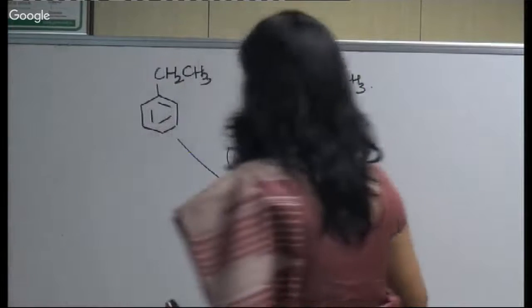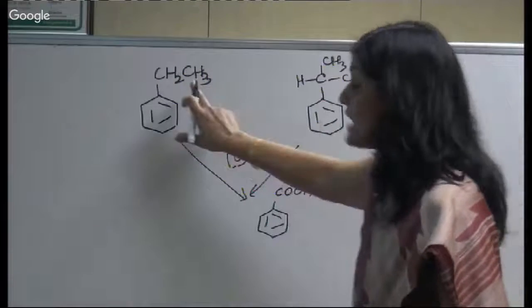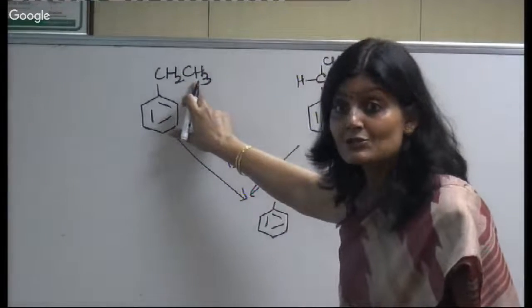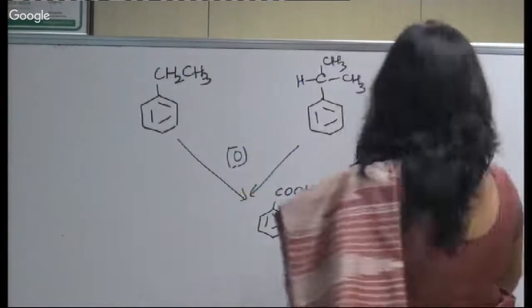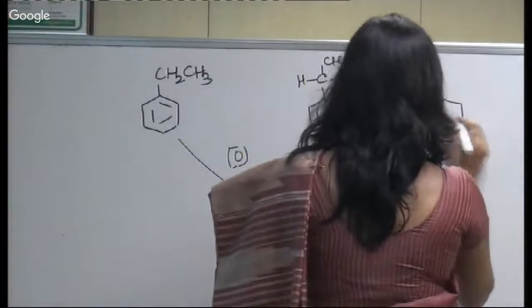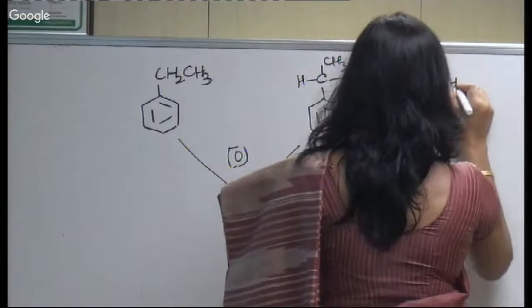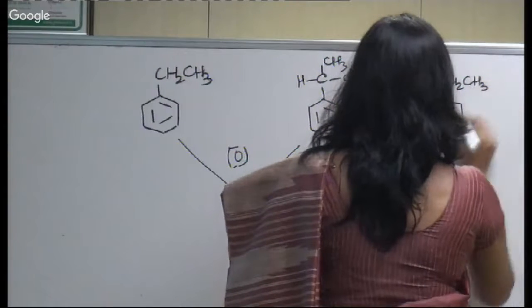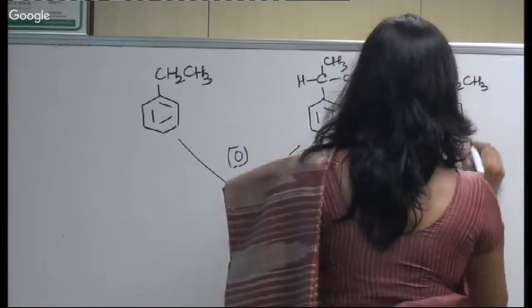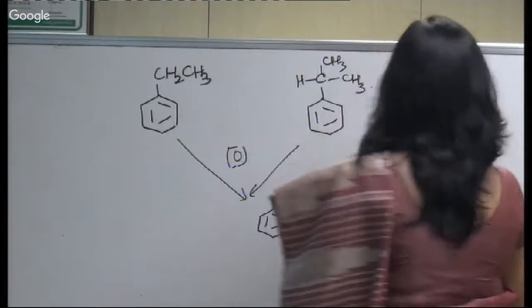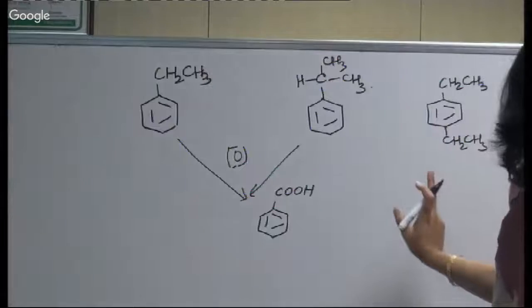Now just elaborating on what I said, if you have more than one alkyl group attached to the benzene ring, for example, this compound, this is 1,4-diethyl benzene, right?